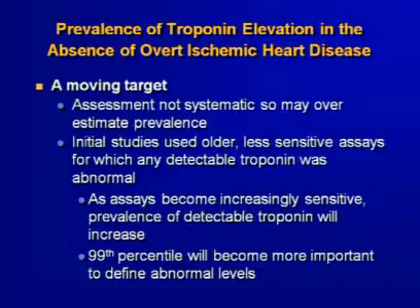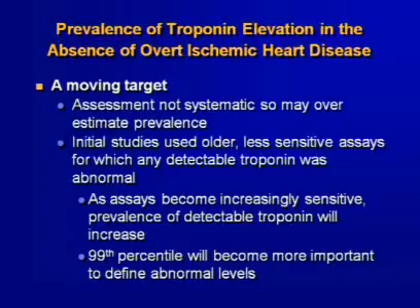So what's the prevalence of troponin elevation in the absence of overt ischemic heart disease? And now we're talking about things like heart failure, et cetera. Well, it's a moving target, in part because there's not systematic assessment of patients with these clinical entities that I just showed you to get a handle on what the absolute prevalence in that specific disease area is.